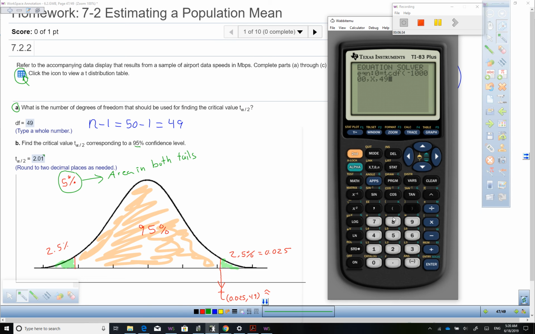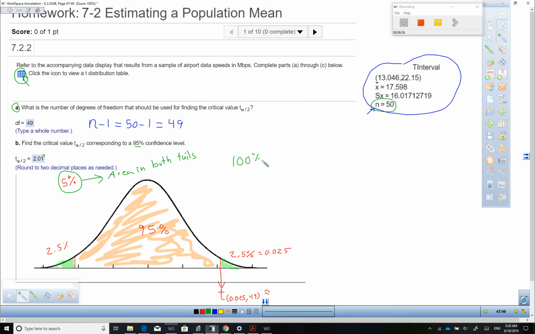We close the parentheses, and now on this part we need to subtract the area on the left of this critical value. How much area on the left do we have here? Well, if I have 2.5% on the right, I have 100% in total minus 2.5%, so that'll be 97.5%.